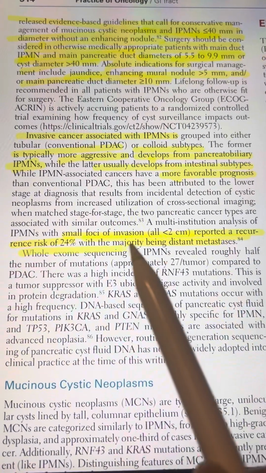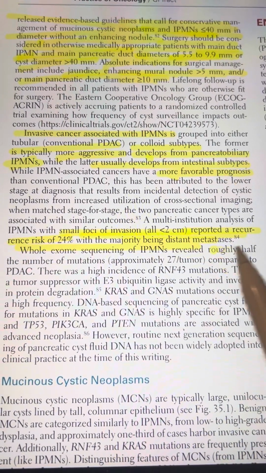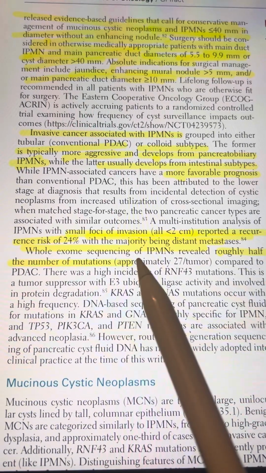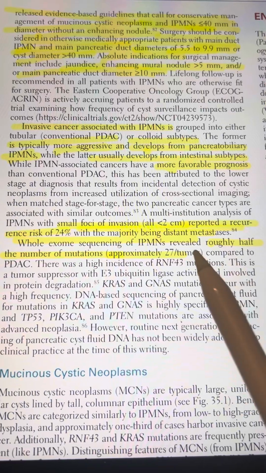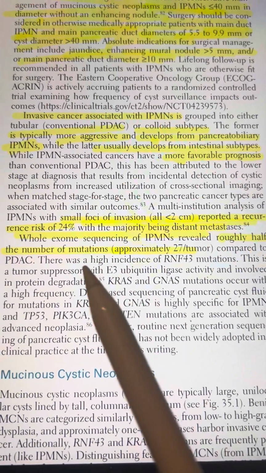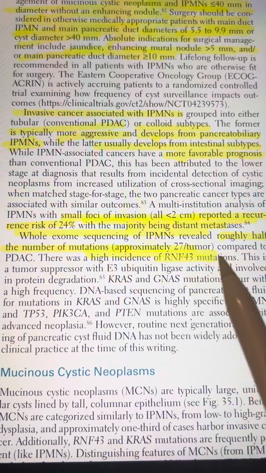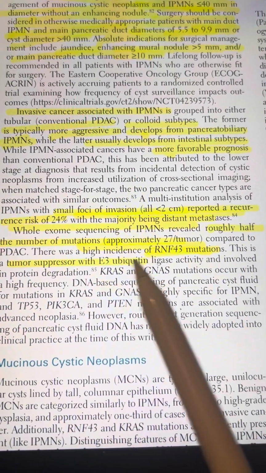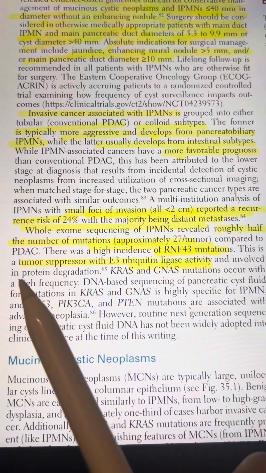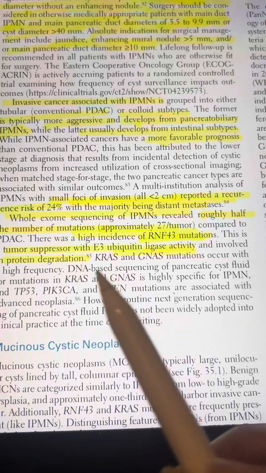So whole exome sequencing of IPMN revealed roughly half the number of mutations, approximately 27 per tumor, compared to pancreatic duct adenocarcinoma, and a high incidence of RNF43 mutation, a tumor suppressor with E3 ubiquitin ligase activity involved in protein degradation.